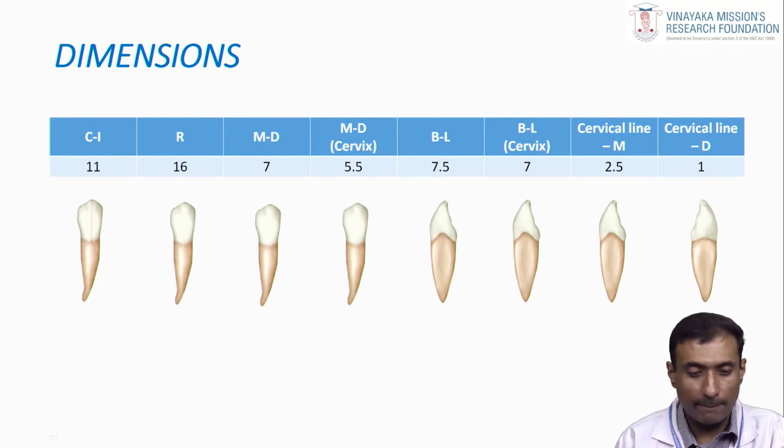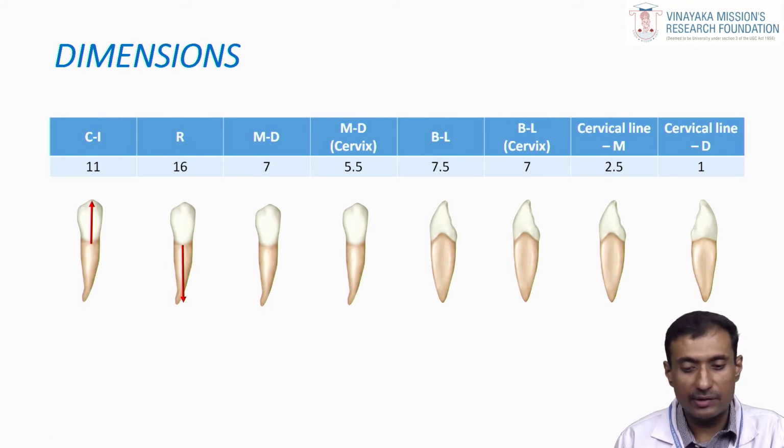So to begin with, the crown length is 11 millimeters, the root length is 16 millimeters, the mesiodistal width at the highest portion is 7 millimeters, the mesiodistal width at the cervical line is 5.5.